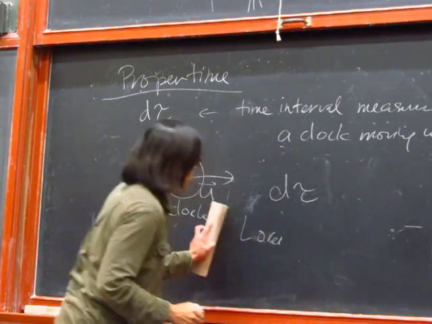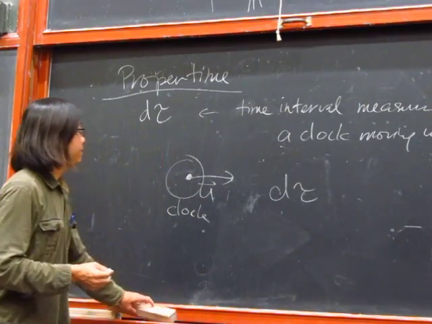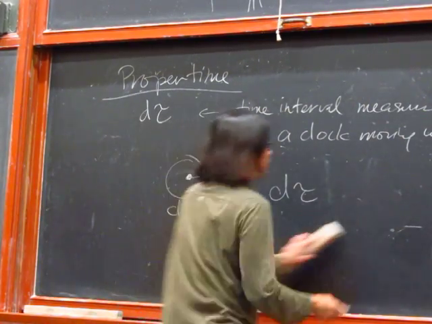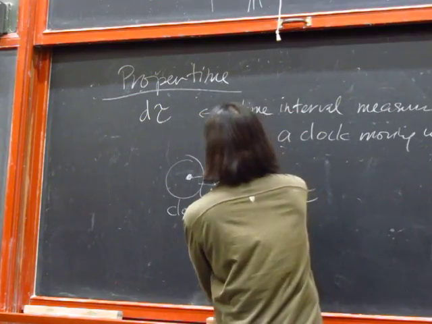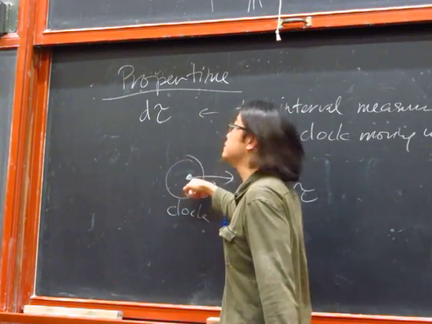Now let me actually backtrack a little bit. This tau is just equal to, because the clock is moving with the particle, right?